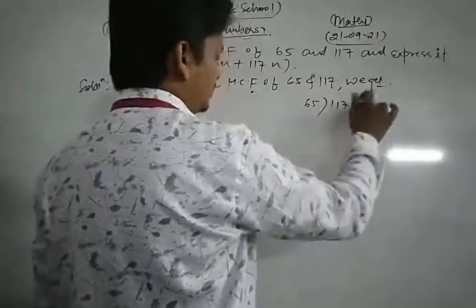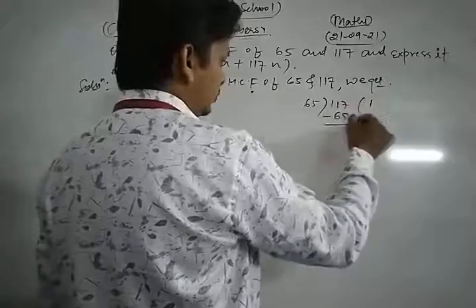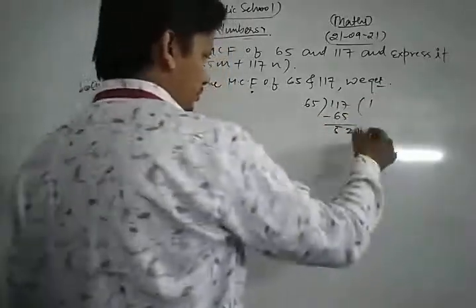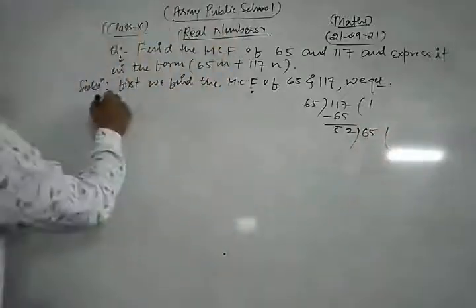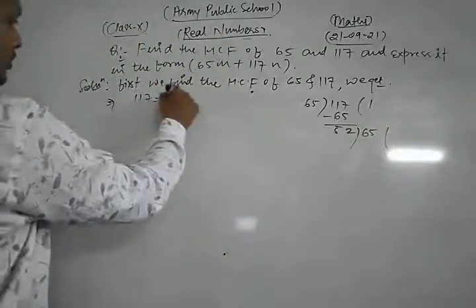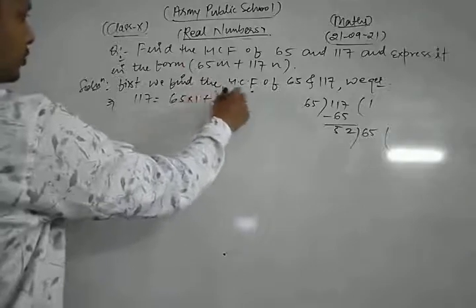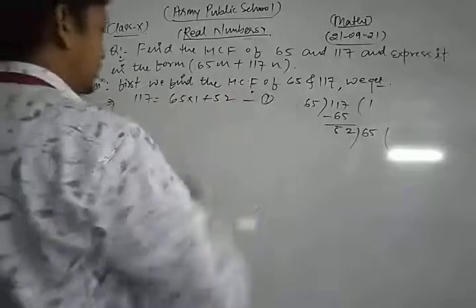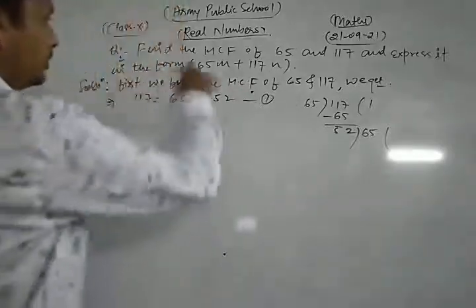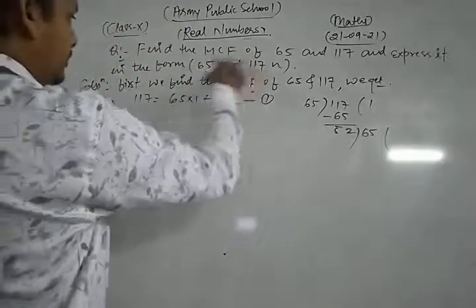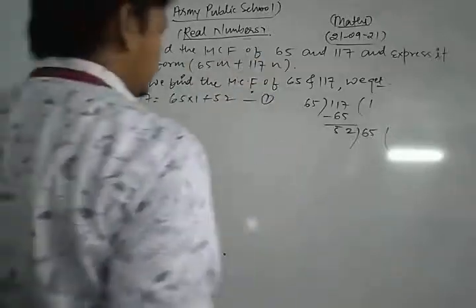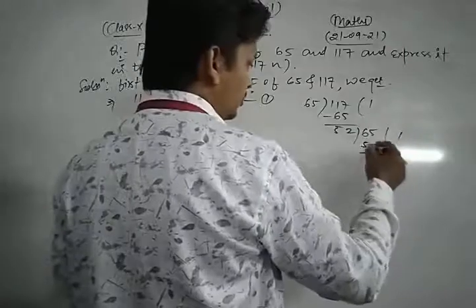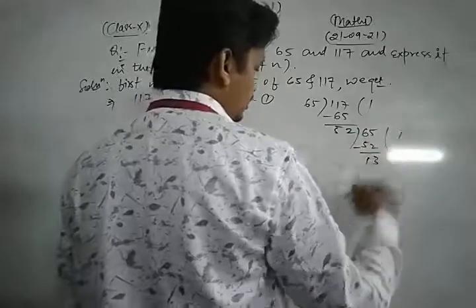Only one time, so 65 is subtracted and we get 52. Now by Euclid division lemma, 117 is equal to 65 into 1 plus 52. Take this as equation number 1. Now look, this is a very important concept: 65 and 117 are mentioned here. Now again by Euclid division lemma we divide 65 by 52.